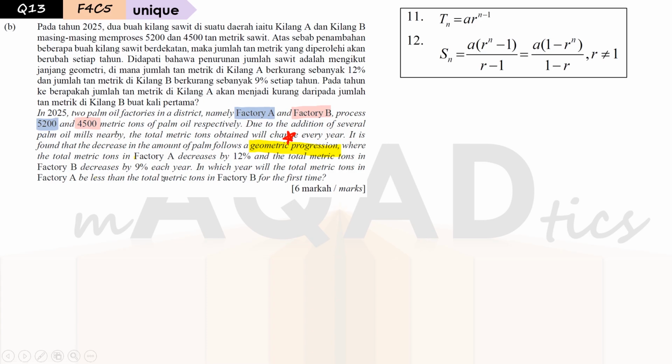And it says that the tons of oil in factory A decreased 12% year on year, and factory B decreases 9% year on year. Okay, so now it asks us in which year does the production in factory A become less than the production in factory B for the first time?